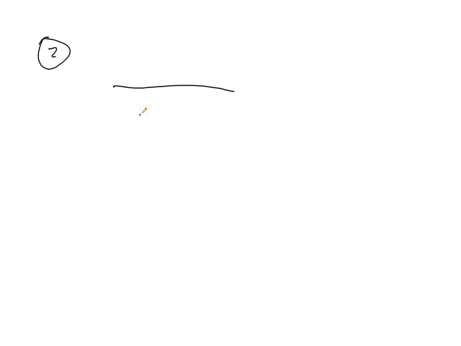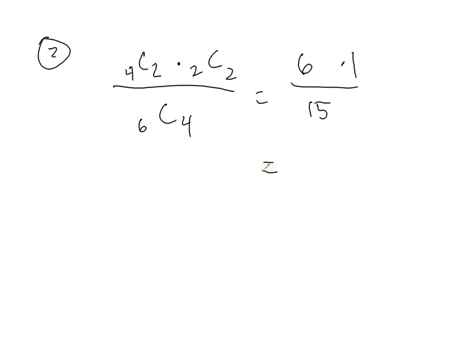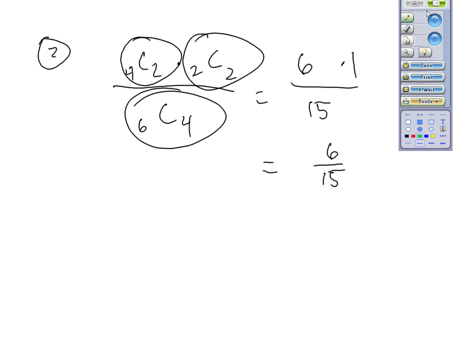What we're actually looking for in question 2 is, out of the total number of ways you can grab 4 people from 6, how many ways can you grab 2 adults from the group of 4 adults and 2 teens from the group of 2 teens? So that was 6 times 1 over 15, which is equal to 6/15. So really all we did was 4 choose 2 times 2 choose 2 over 6 choose 4.